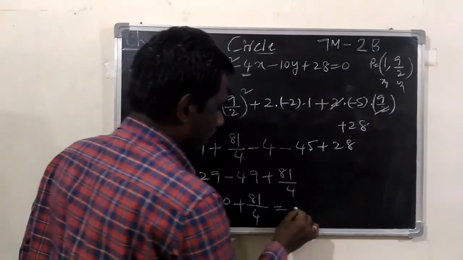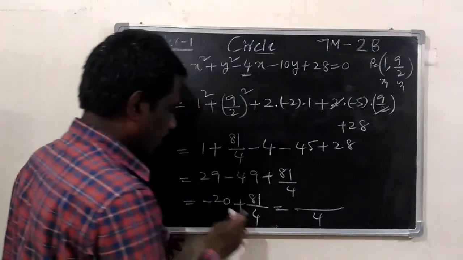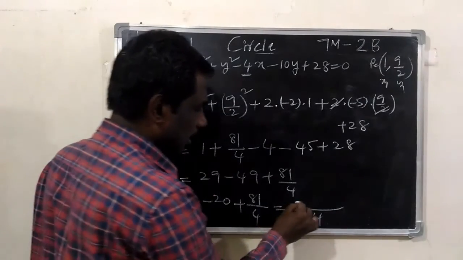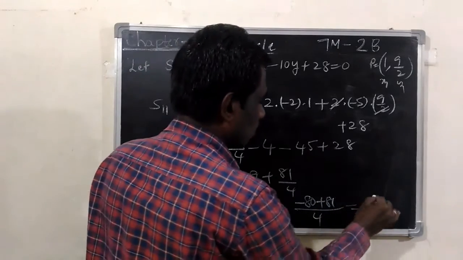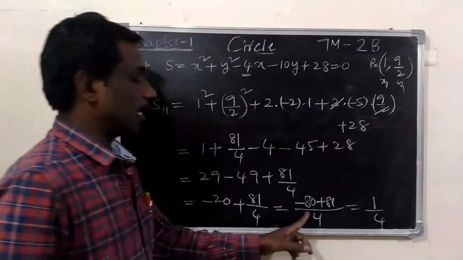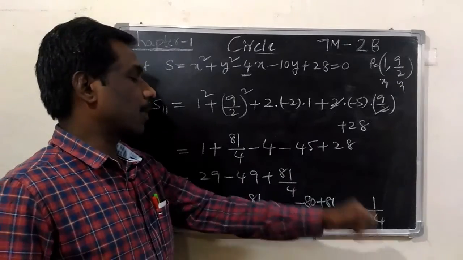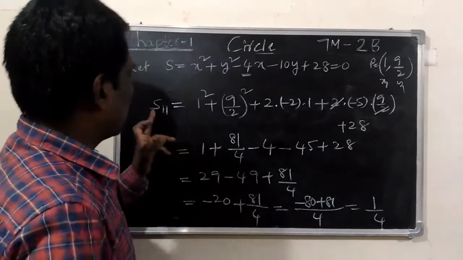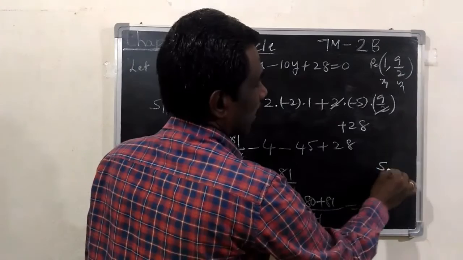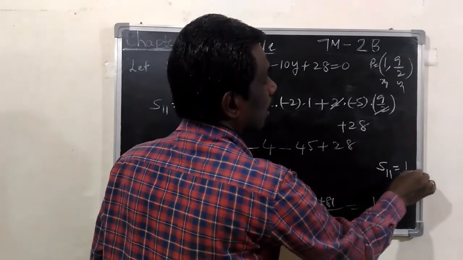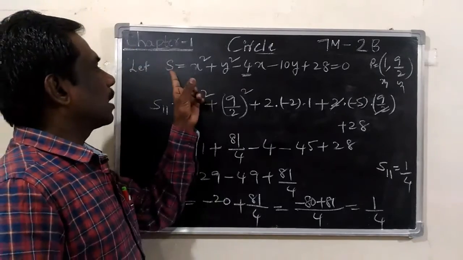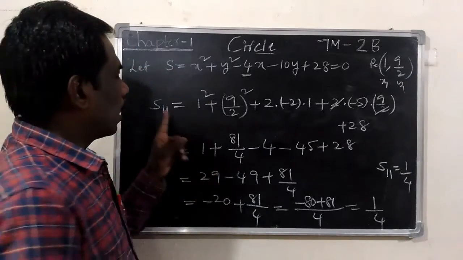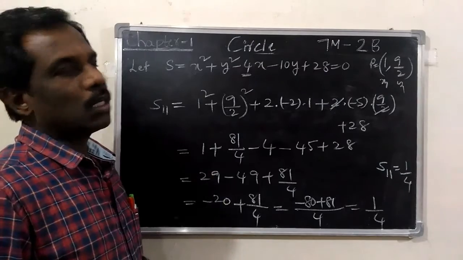The LCM is 4, 4 twenties are 80, minus 80 plus 81 is 1, so 1 by 4. This is the value of S11. S11 is equal to 1 by 4.